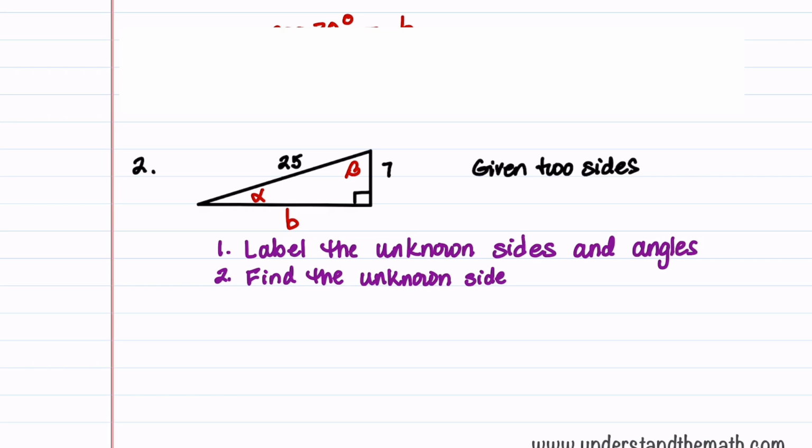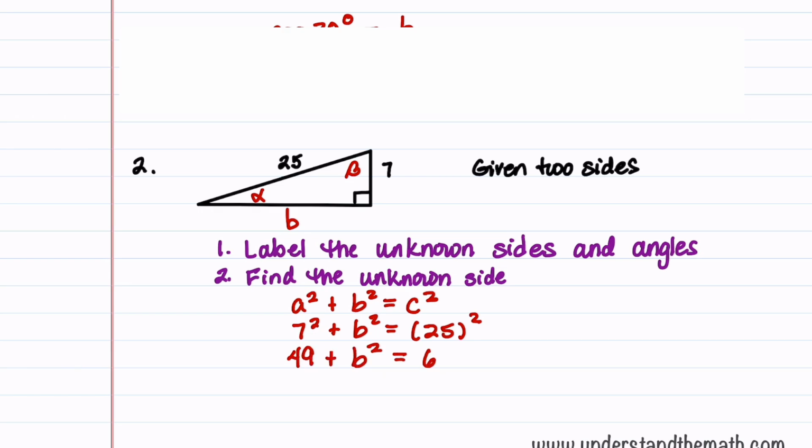To find the side, we're going to use the Pythagorean theorem that says that one side squared plus the other side squared is the hypotenuse squared. So our A is 7, so we have 7 squared plus B squared is our hypotenuse, 25 squared. So this gives us 49 plus B squared is 625.